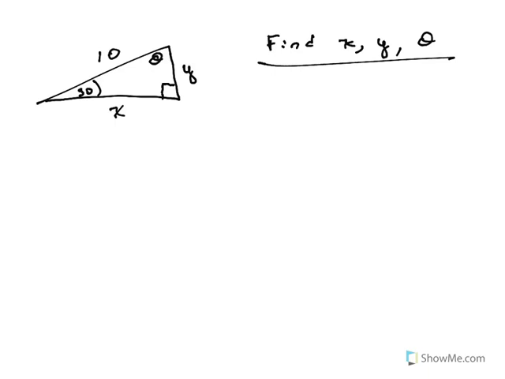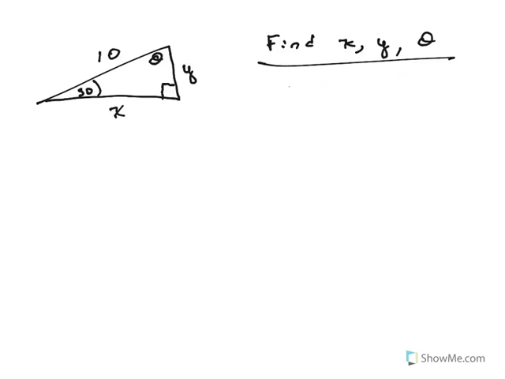In this case, not yet at least, because if I tried, what I would get is something like x squared plus y squared equals 10 squared. Well, that's fine, except there are 2 unknowns sitting there. And math has proven to us that you can never solve for more unknowns than the number of equations. So I can't use the Pythagorean Theorem yet. I may be able to later, but for now, no.